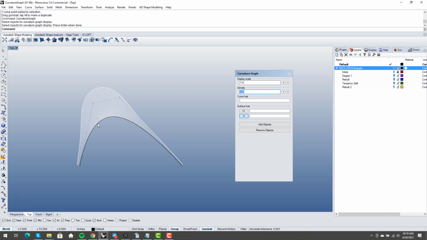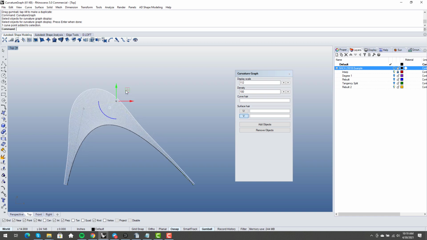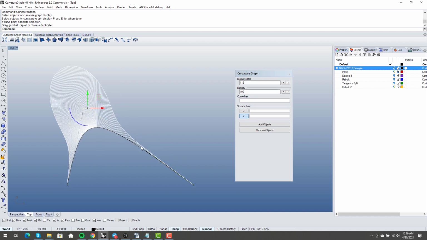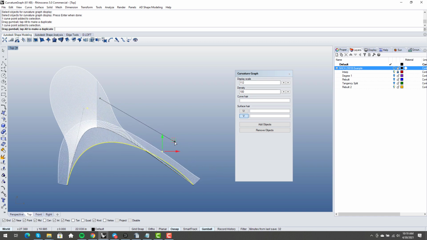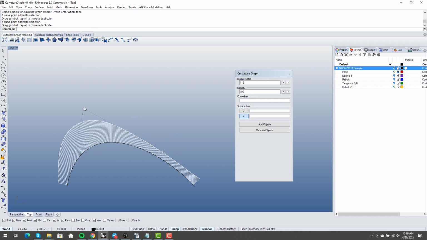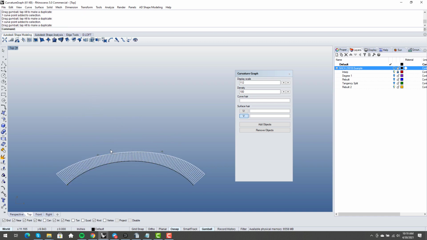The curvature graph shows the curvature, right? Again, I have a hard time explaining this, but if I move these close together, this thing bulges out, and it's telling me it gets much more curvy here, as opposed to if I bring this down here and I bring this down here, we've got less curvature and it's more evenly distributed, right?